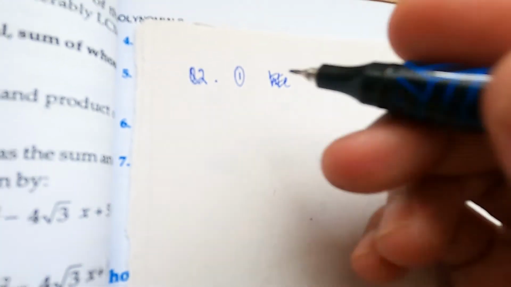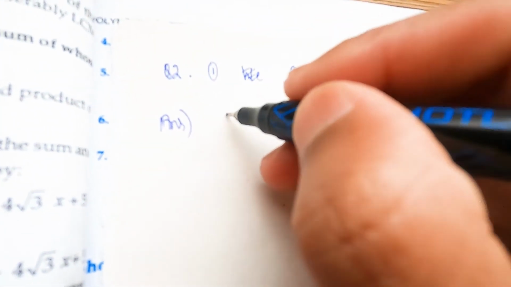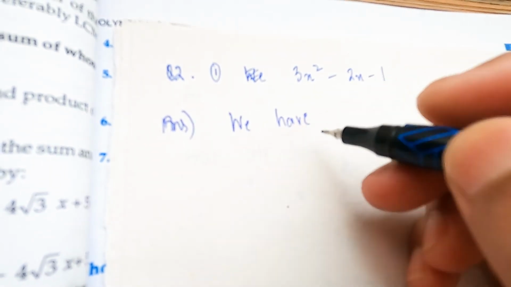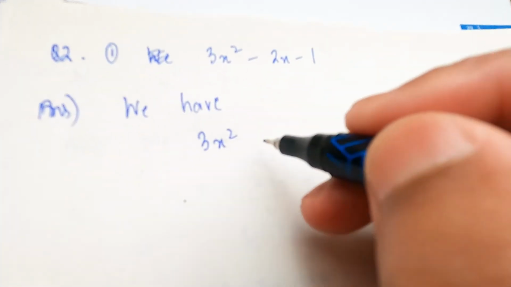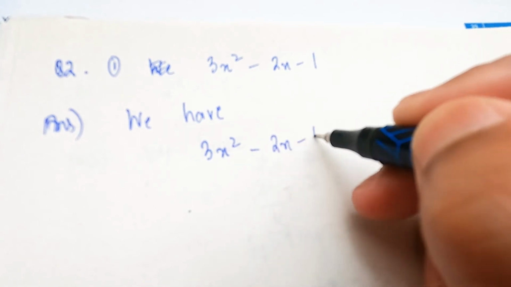All right, so let us solve question number 2, part 1. We will write first the expression: 3x square minus 2x minus 1.